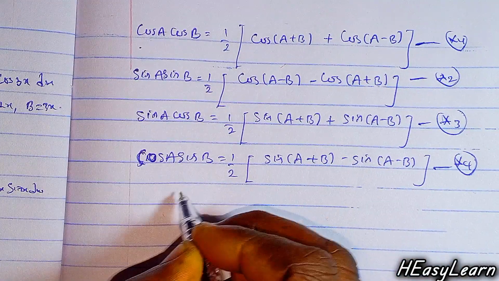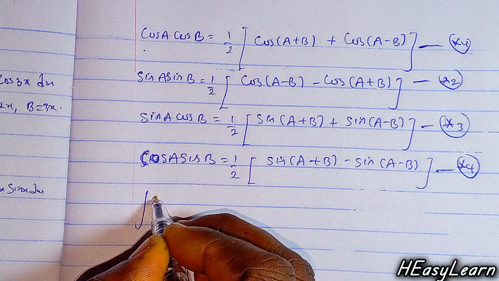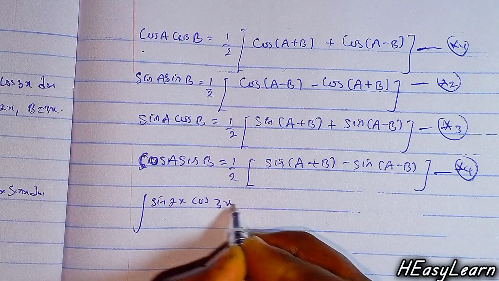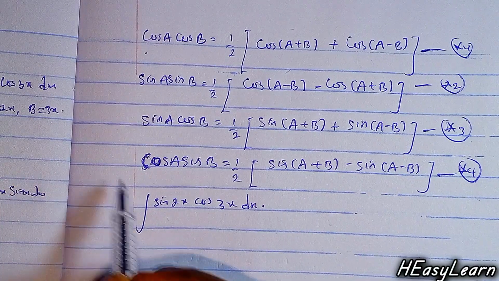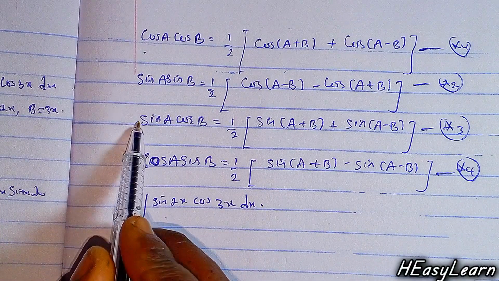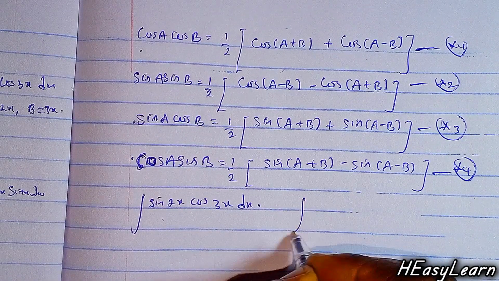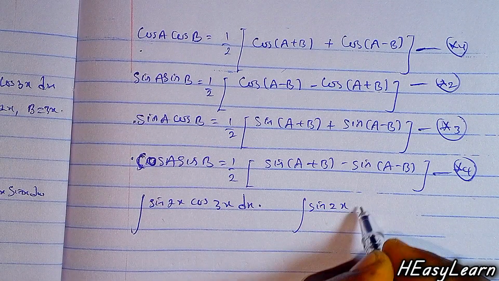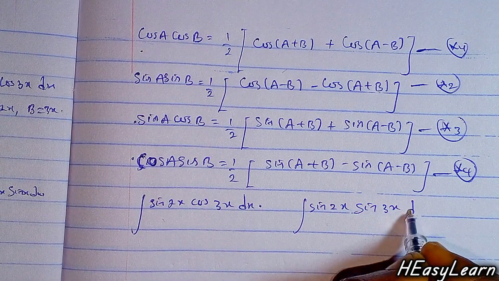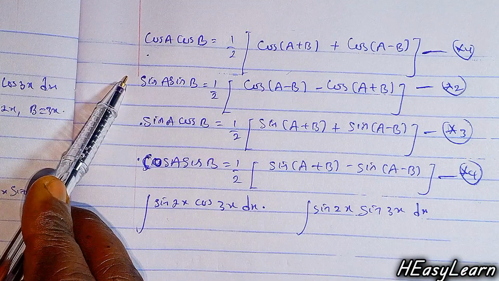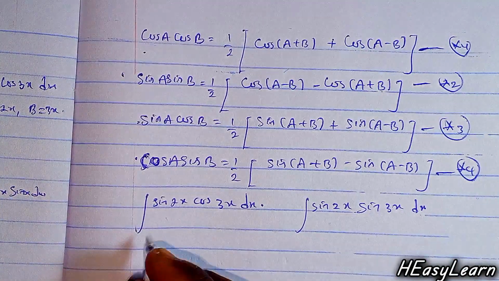So from the angle, this is what we are having: star 1, star 2, star 3, star 4. If you're asked to integrate sin 2x cos 3x dx, you can use star 3 or star 4 to integrate it. But in a case where the question is sin 2x sin 3x dx, you are going to use equation 2 to find the integration.